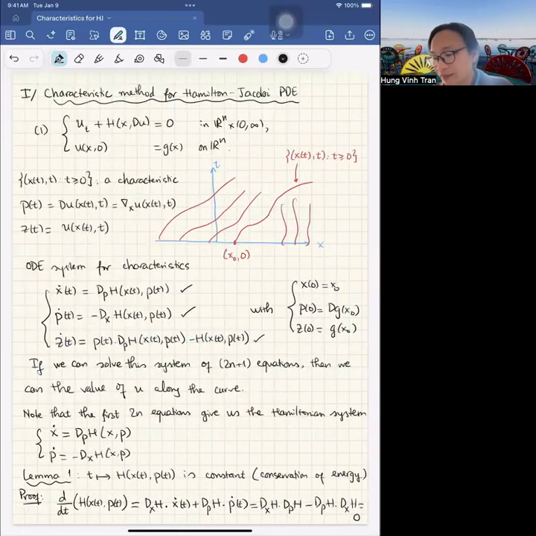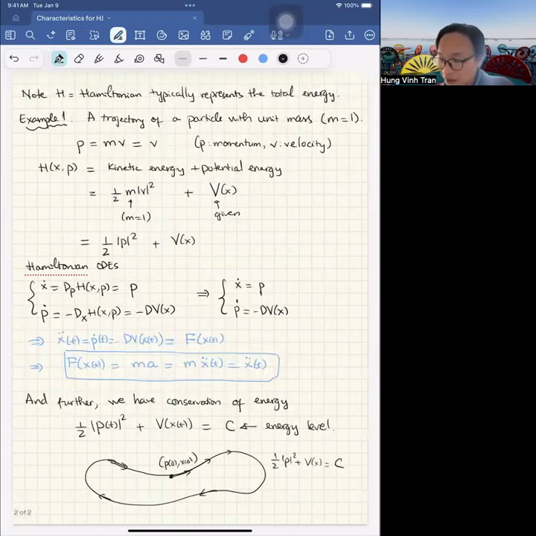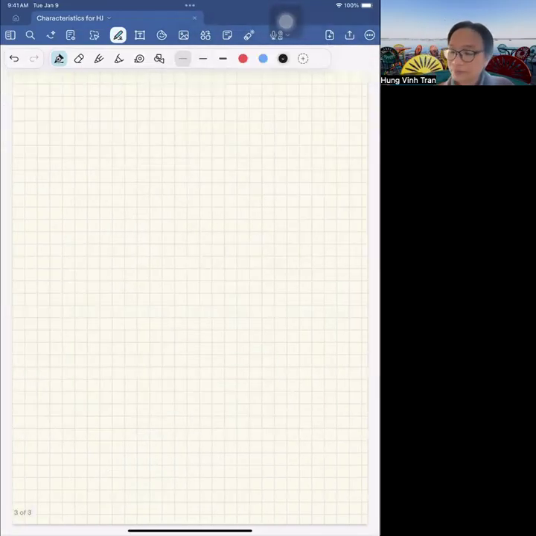That's exactly the very simple idea of the characteristic method and a corresponding example for the classical mechanics Hamiltonian. So now let me go to a next situation, which is simpler to discuss, and we will focus on that today.